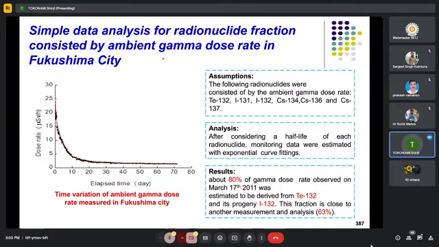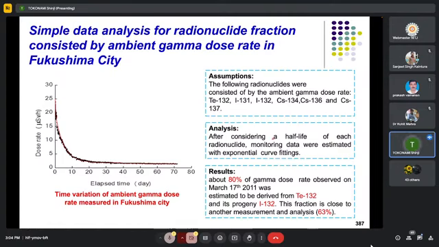In order to estimate a radionuclide fraction, we need several assumptions. The following radionuclides were considered to contribute to the ambient gamma dose rate: tellurium-132, iodine-131, iodine-132, cesium-134, 136, and 137.